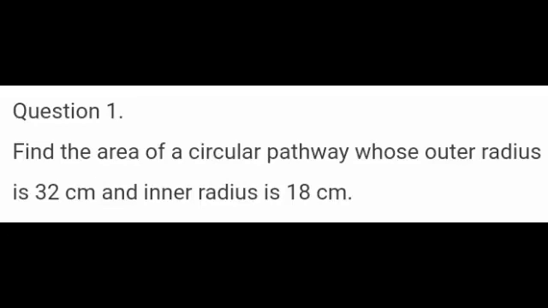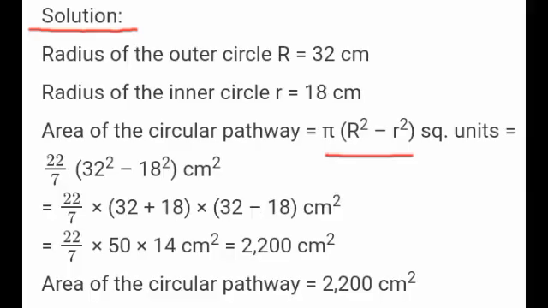Question number 1. Find the area of a circular pathway whose outer radius is 32 cm and inner radius is 18 cm. Solution: radius of outer circle capital R equal to 32 cm and radius of the inner circle small r equal to 18 cm.